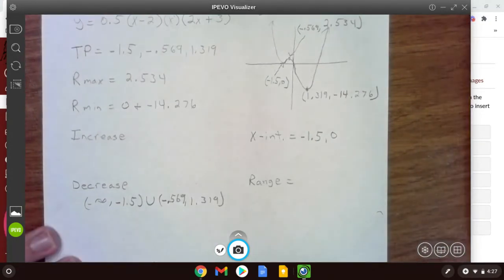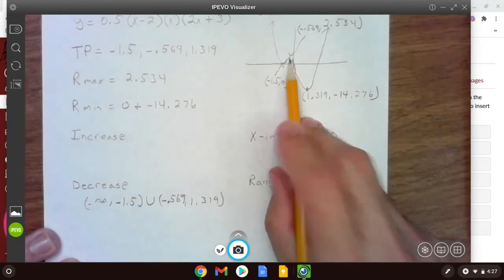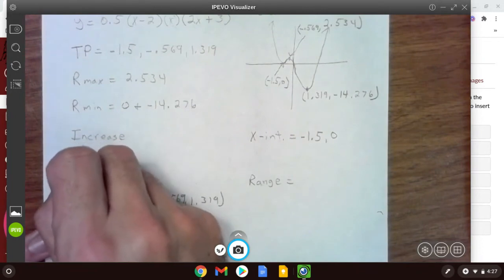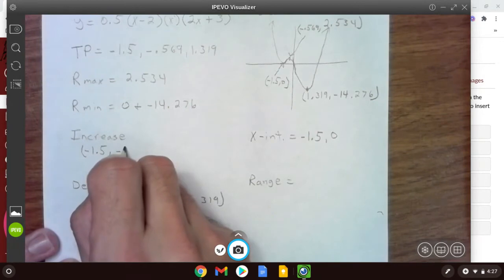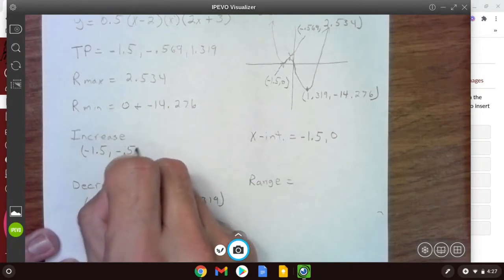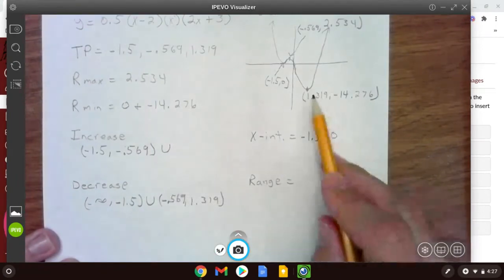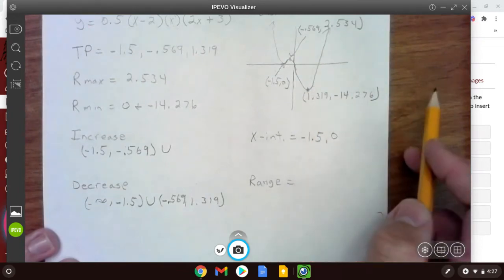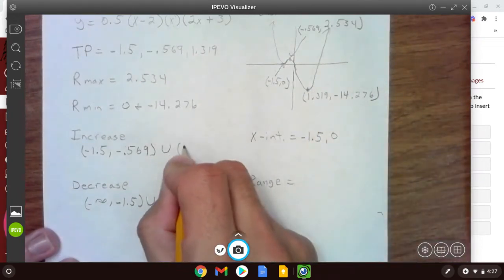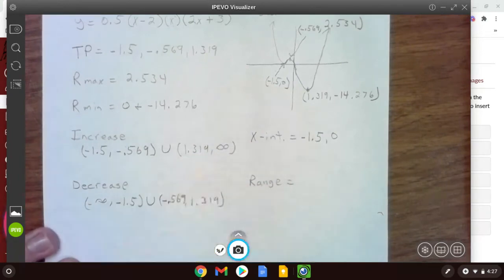Between these two x values, from negative 1.5 to negative 0.569, and it's also increasing from this x value to the right, 1.319 to infinity.